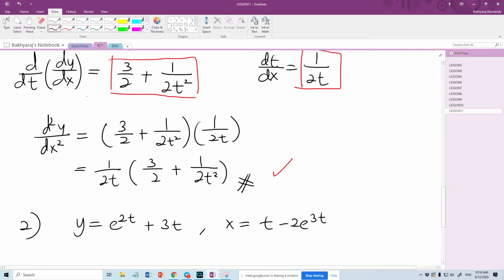For Roman 1, I want to find dy over dx. For number 2, I want to find the second order of dy over dx, that is d square y over dx square.